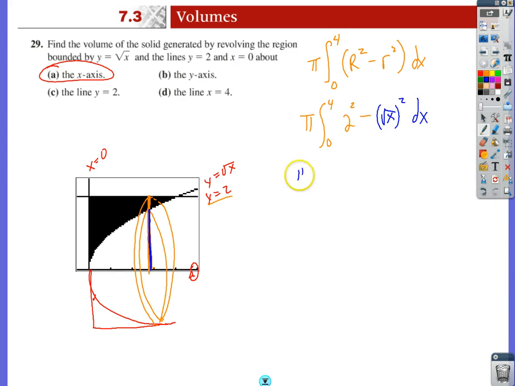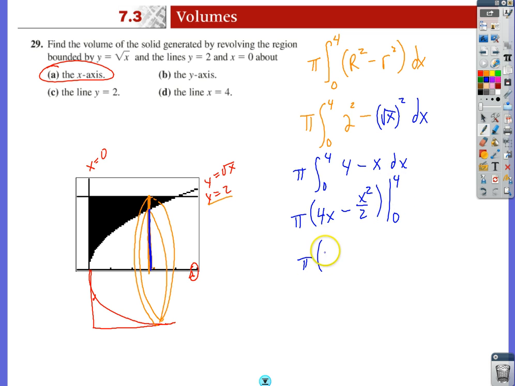When I solve for this one, I won't need a calculator. I take my antiderivative: 4x minus x squared over 2, times pi, evaluated from 0 to 4, which is equal to pi times 16 minus 8, minus, plug in zeros, 0, which is equal to 8 pi units cubed.